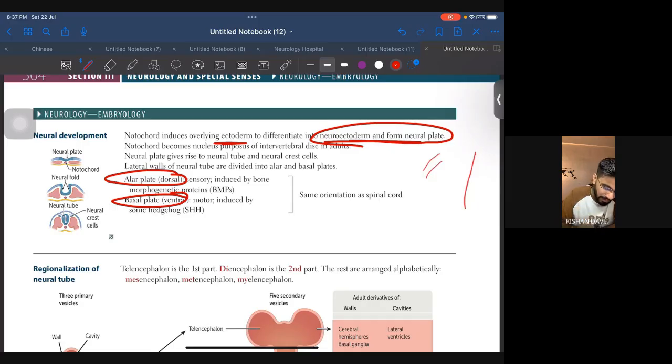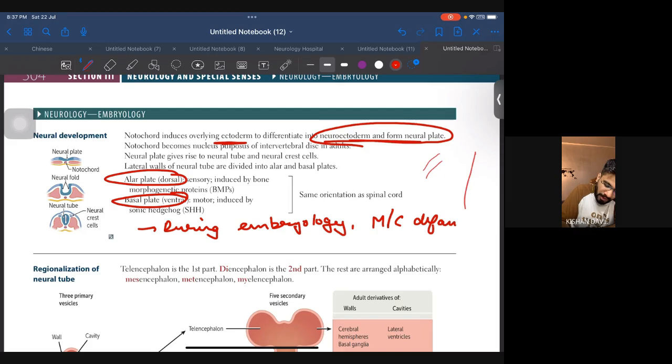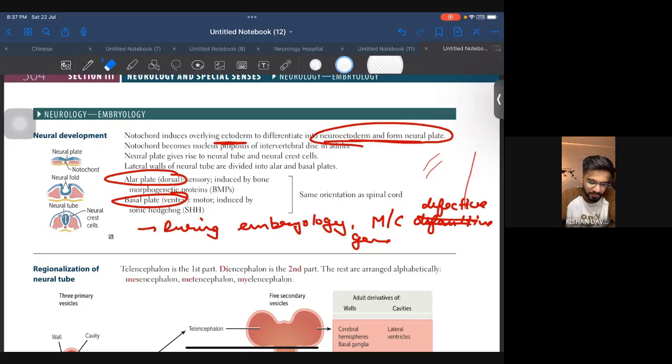And one more thing is they will sometimes give you a question during the embryology asking for the most common defective gene. They will give you this line, and sometimes you will be confused with so many options over there.